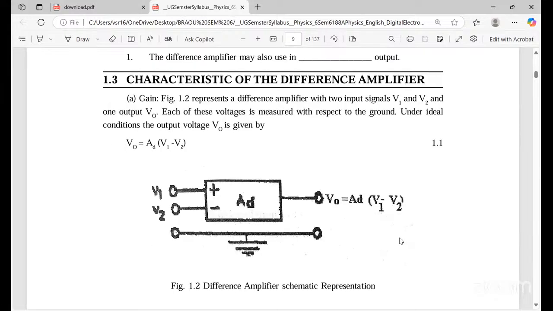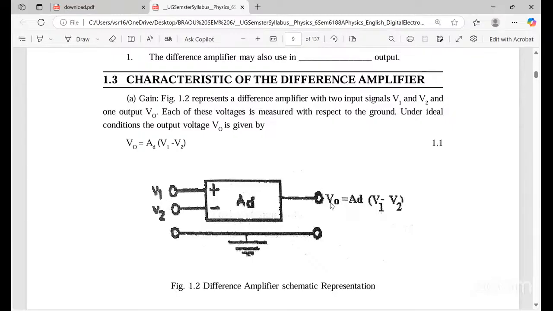What are the characteristics of the differential amplifier? What do the characteristics mean here? Here is the figure. These are the two input signals V1 and V2. Only one single output is there.